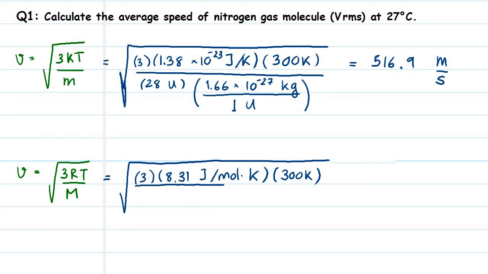And the big M, which is the molecular weight or molecular mass of nitrogen gas, is normally given as 28 gram per mole. So we have to convert it into kilogram per mole, which should be 0.028 kilogram per mole.